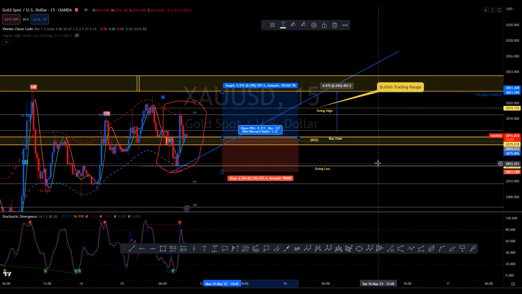So it's trying to test this area. That's what it looks like. Yeah. All right, we're going there.